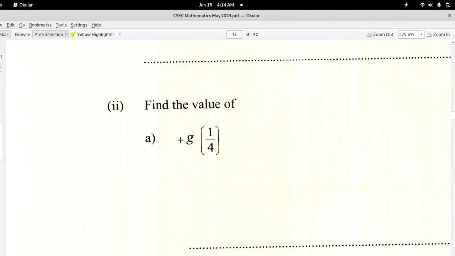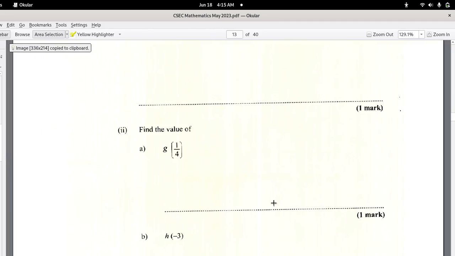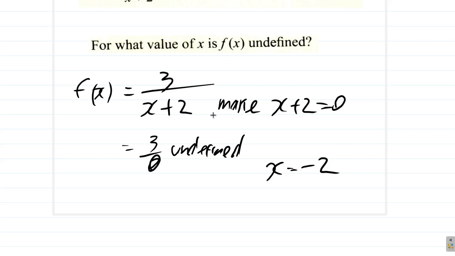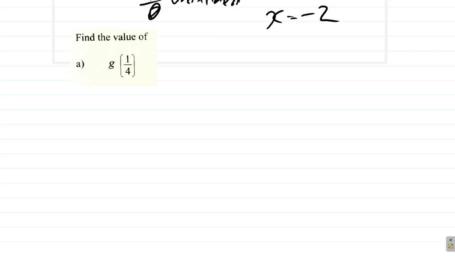Alright. See what else is going on. Find the value of g of a quarter. By the way, it's 1 mark for that. Let's paste this here. I'm not going to erase this just yet. I don't know if I'm going to have to use it later on. g of x equals 4x minus 5. 4x means 4 times x.